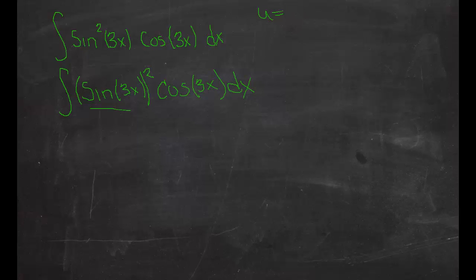And the reason we move that 2 out is because we don't want that 2, and you'll see why in a second. So we're going to say sine 3x. The derivative of sine 3x is cosine 3x.